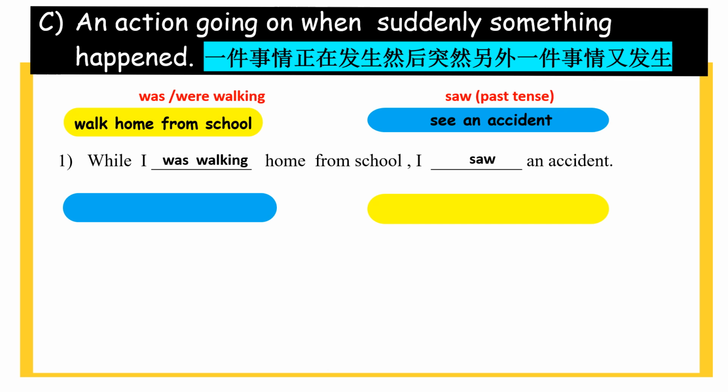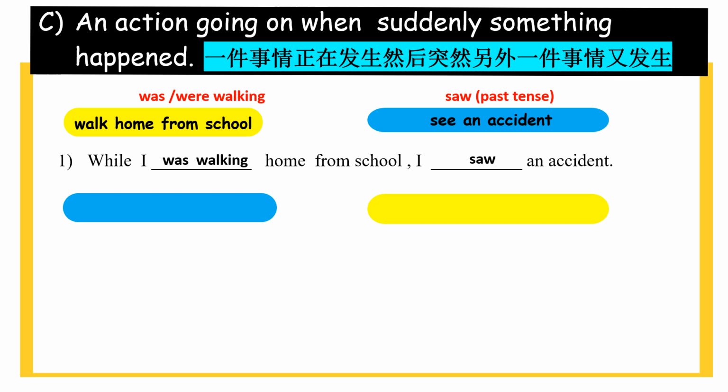Okay, so please copy this sentence into your exercise book. Copy everything. Copy walk home from school, okay, and then copy was were walking at the top. Copy everything. 全部都要抄哎。So for this example, then the second example, you copy everything. The next sentences, you don't have to copy everything. Okay, all right.